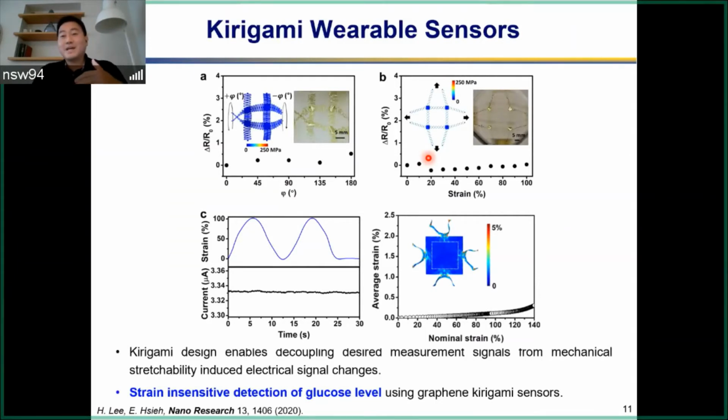If I go back to my initial argument on how we use structure to control properties of a material or device, here it's not quite coupled, it's actually completely decoupled.